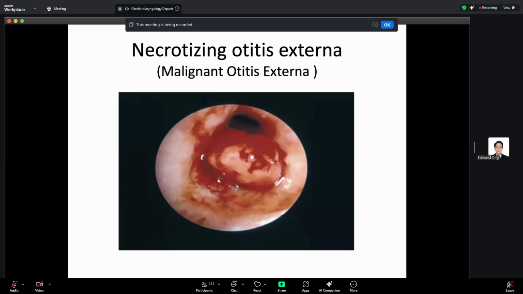This is secondary to a Pseudomonas infection, sometimes methicillin-resistant Staph aureus, usually seen in patients with immunocompromised states like the elderly, with diabetes, with cancer, or even uncontrolled HIV, something like that. So again, this is infectious in nature, so this is not cancer at all. Okay, next slide.